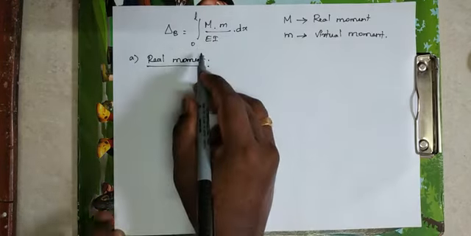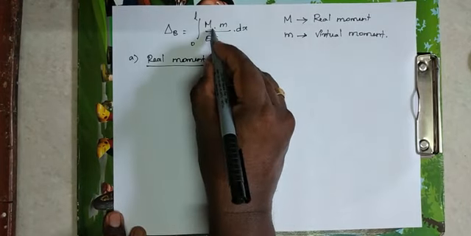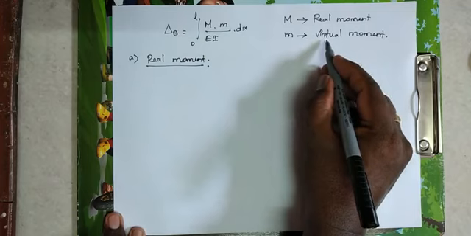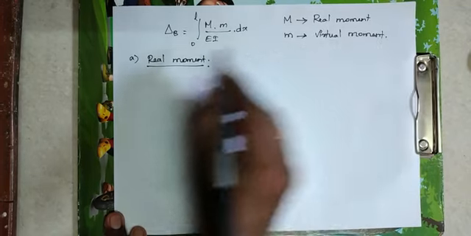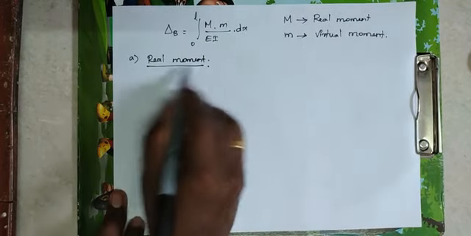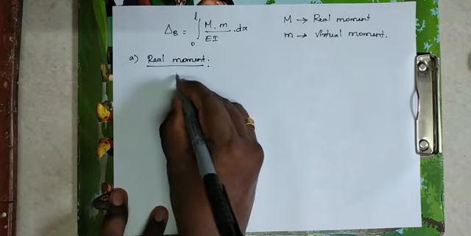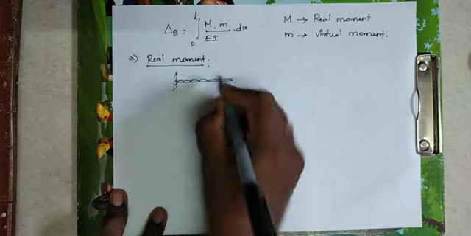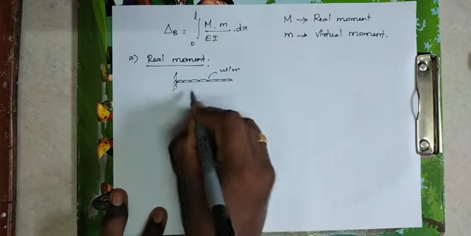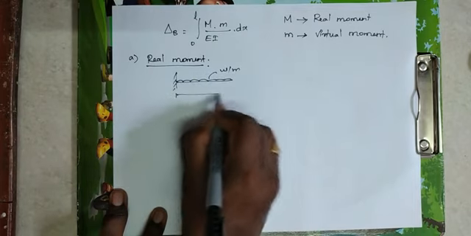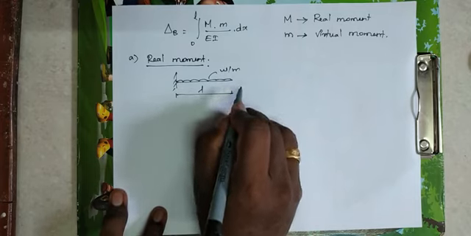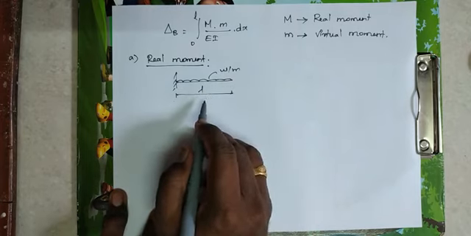In the virtual work equation, the capital M represents real moment and the small m represents virtual moment. First we are going to find the real moment. For that, consider the given beam with UDL W per meter over the beam and remove the upward force acting on the beam because we are going to find the downward deflection.